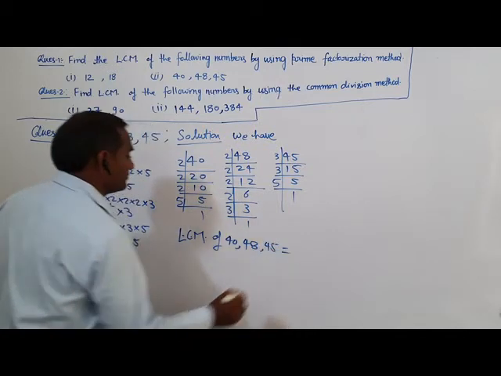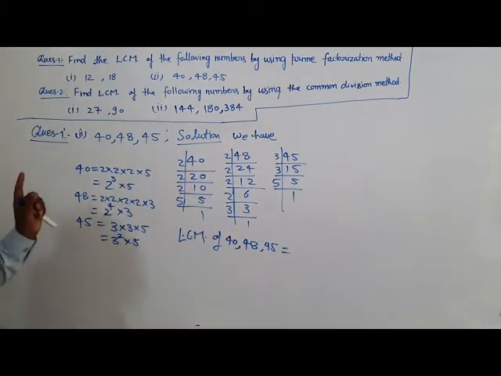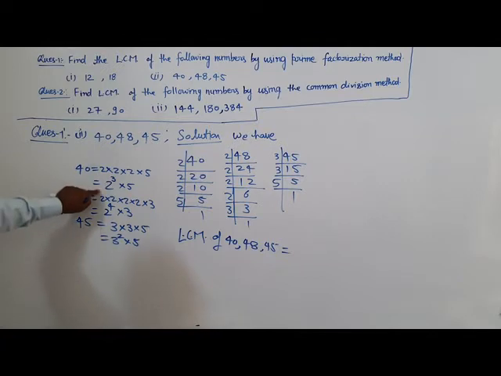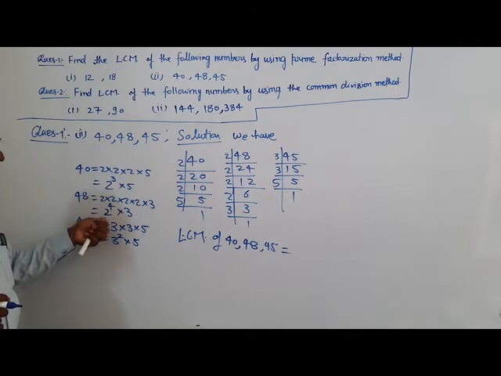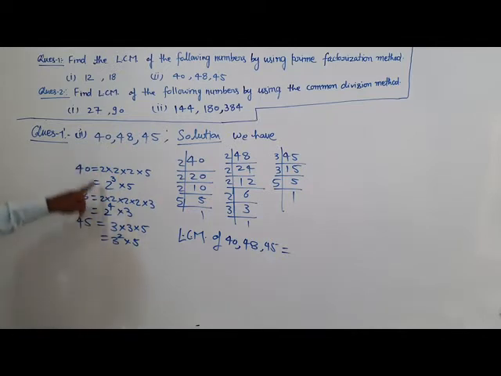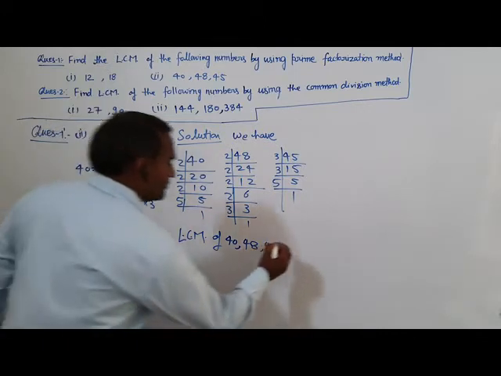Take the highest power of each prime factor. Here the highest power is 2 raised to power 3, here 2 raised to power 4, and in the third there is no 2. So among all three factors, we find that the power of 2 is more here, so we write 2 raised to power 4.